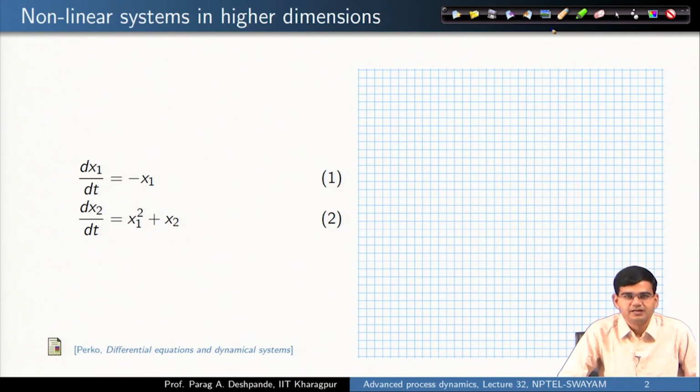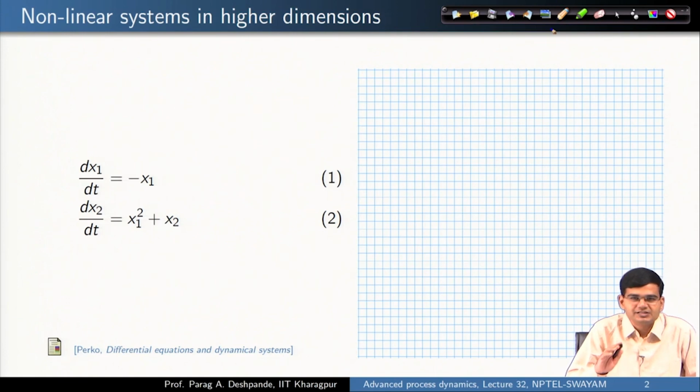So, not every system of equations which is nonlinear can be solved easily by sequentially solving individual equations, even if they are coupled, and therefore, linearization is something which we generally resort to for solving such systems.